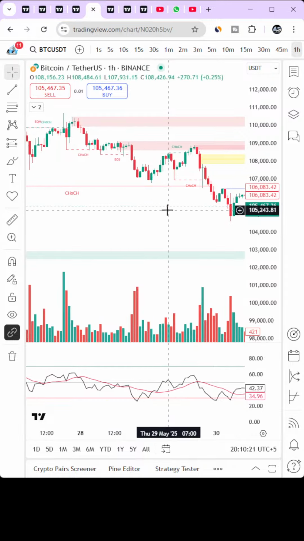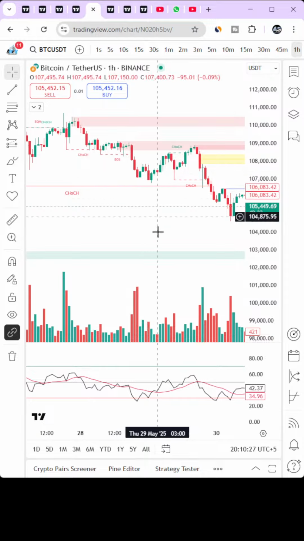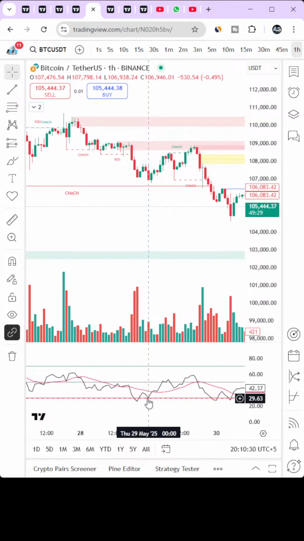and here it's giving the bullish divergence. The market has created a lower low, but here the RSI has created a higher high, higher low.